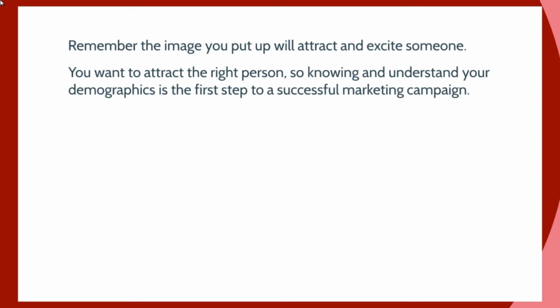So maybe in the article, in the opt-in, in the autoresponder series, you can literally talk to them and say, hey, being a diabetic is hard because you can't eat certain foods, but there are certain foods that you can eat and still enjoy life. And that's how you're going to be able to sell.